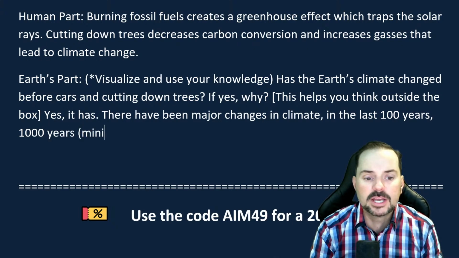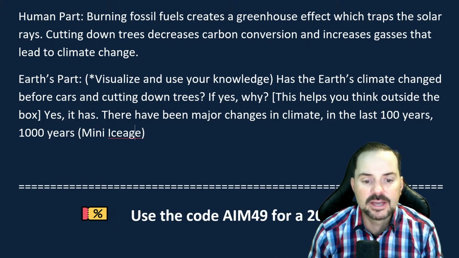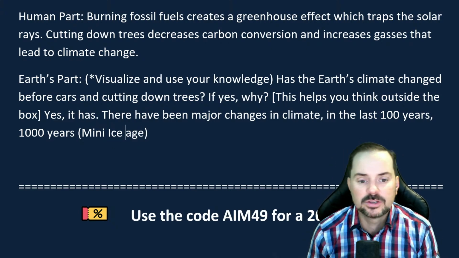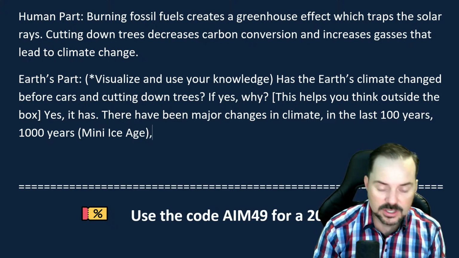Think about the mini ice age. If some of you don't know about this, then Google it later. We have had a mini ice age in the last 1,000 years. Of course, 10,000 years, the Ice Age.